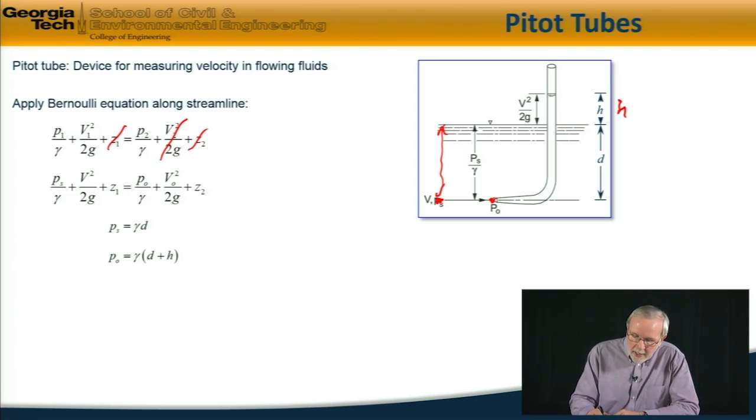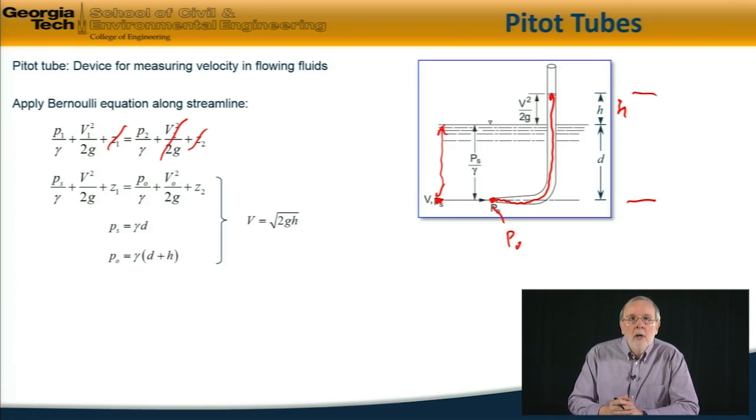Similarly, we can apply hydrostatics through the water column in the Pitot tube here from here to here, and the pressure at the tip here, the stagnation pressure, P0, is equal to gamma times the height of the column of fluid, which is d plus h. So combining these three equations together, which is very simple, we arrive at this equation: v, the upstream velocity, is equal to square root of 2gh.